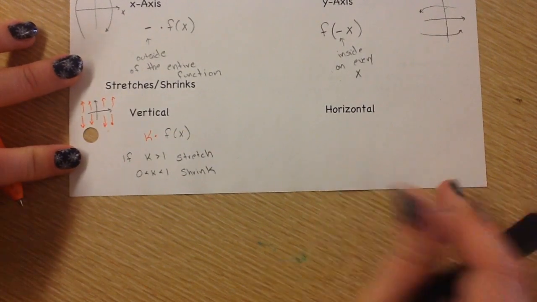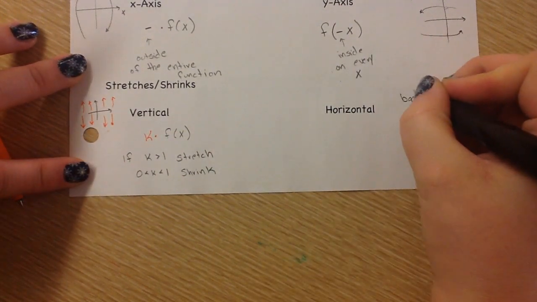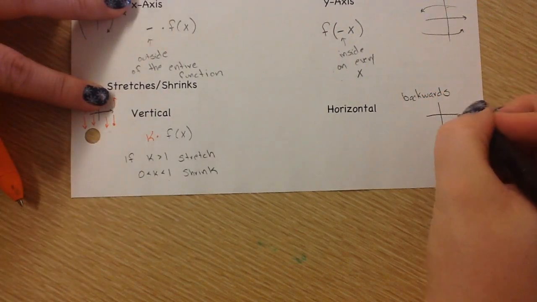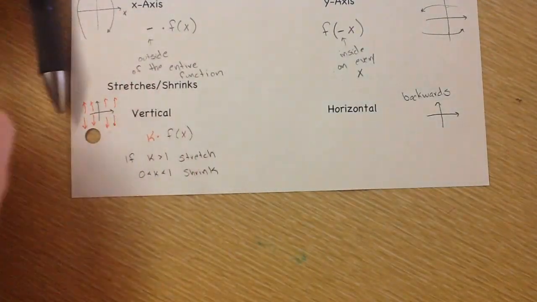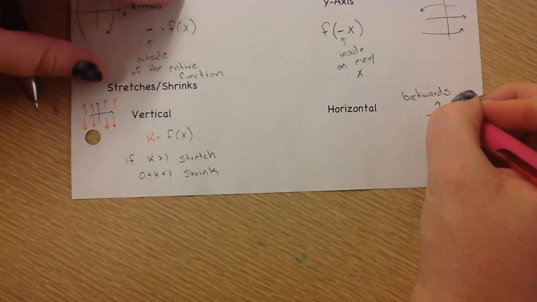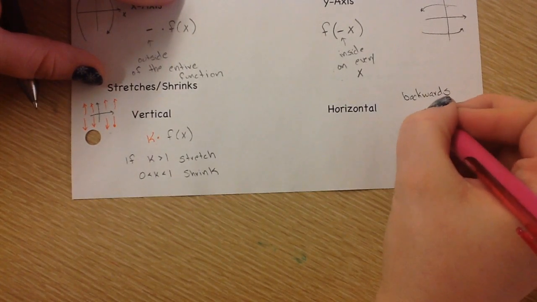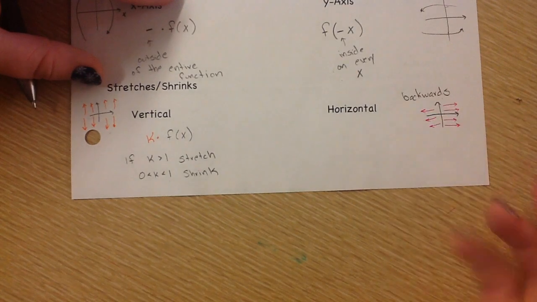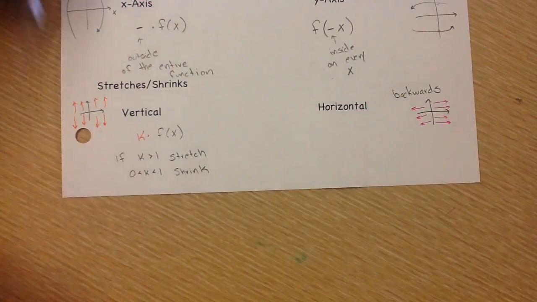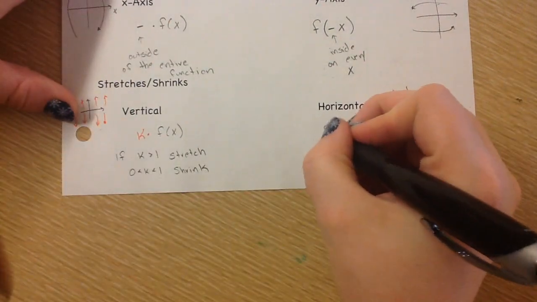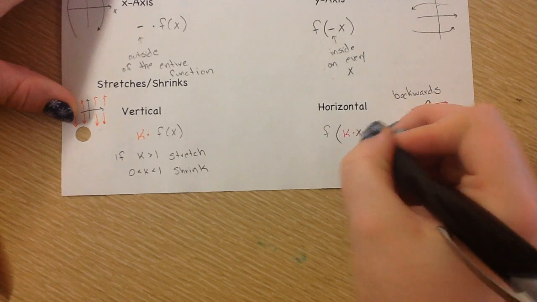Whereas a horizontal one works backwards. Horizontal always works backwards, but what a horizontal stretch or shrink does is stretch or shrink out horizontally, left and right, or push it in by that same amount. That puts the k inside the function: f of k times x.